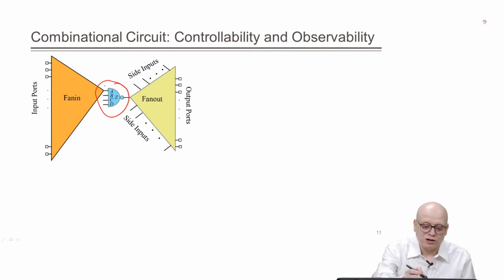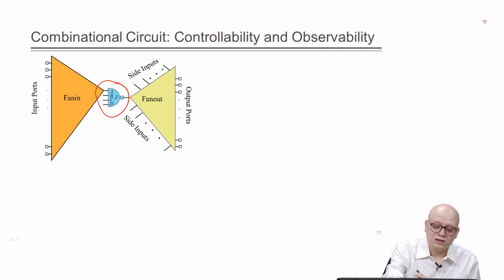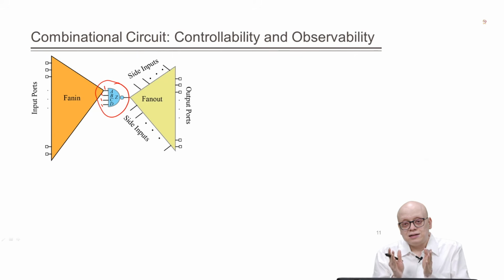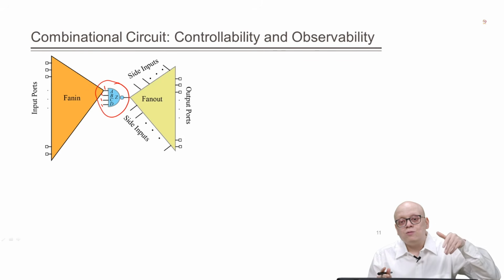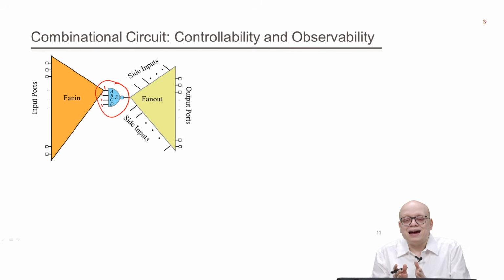For example, suppose the test vector we needed to apply was 1 1 1 1, and this NAND gate was directly connected to the input port, then the ATE could have directly applied 1 1 1 1 to this NAND gate, and the application of the test vector would have been easy.